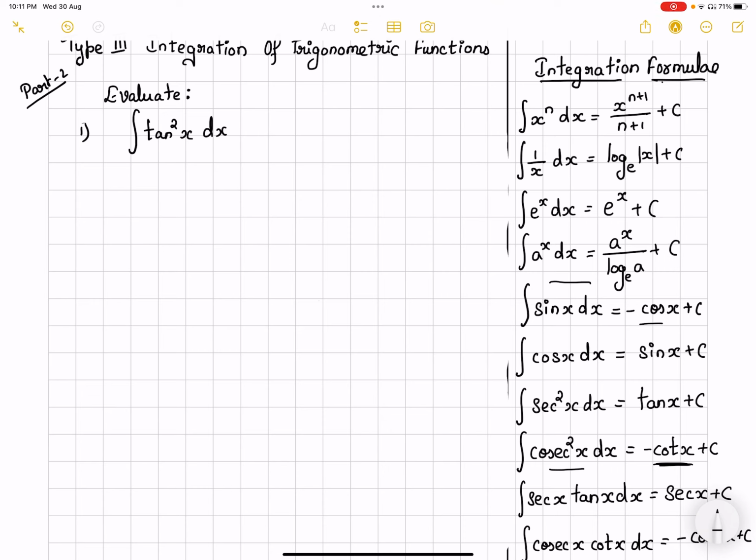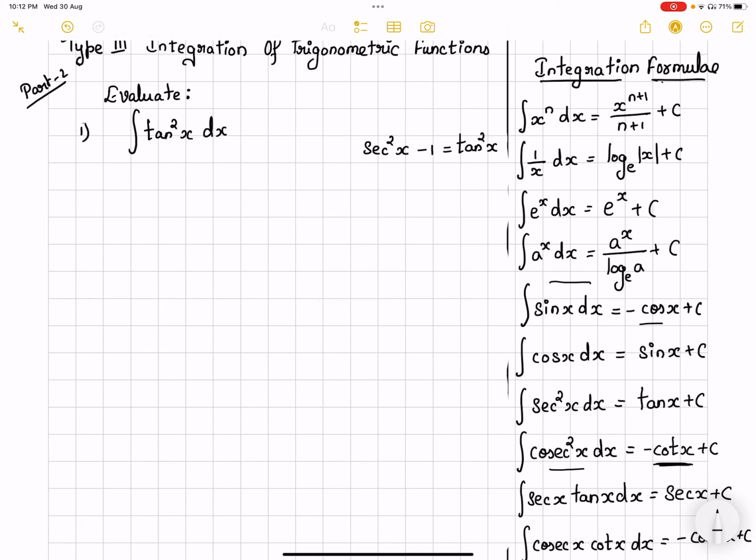We need to use the help of a trigonometric identity. So here we have a formula: secant square x minus 1 is going to be equal to tan square x. If you're unable to recall this, we have sine square plus cos square equal to 1.